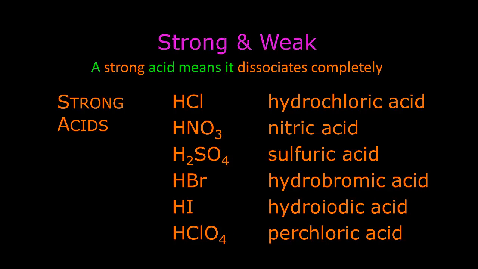Now, a strong acid means that it dissociates completely. So some examples of strong acids, or acids that dissociate when dissolved in water completely into the H and the negative piece, would be HCl or hydrochloric acid, HNO3 or nitric acid, H2SO4, sulfuric acid, hydrobromic acid, HBr, hydroiodic acid, HI, or perchloric acid, HClO4.